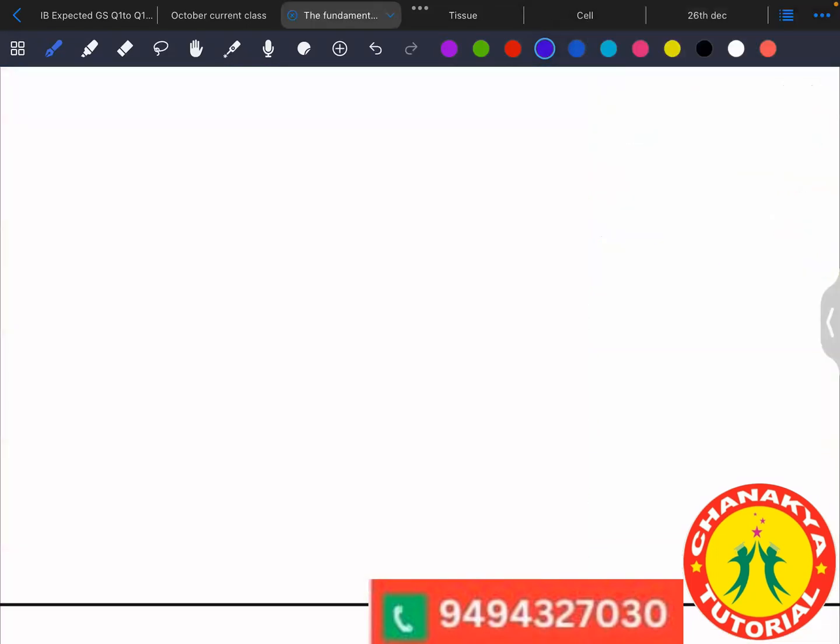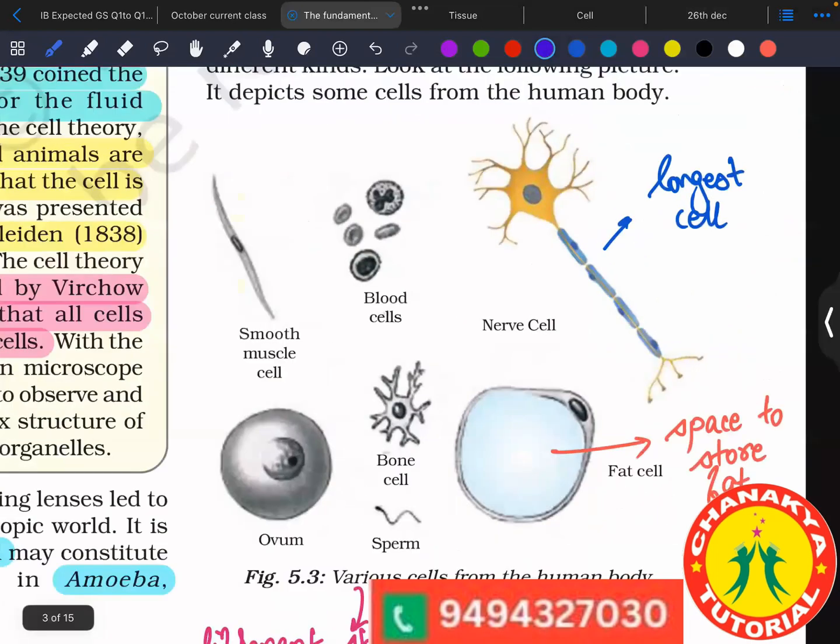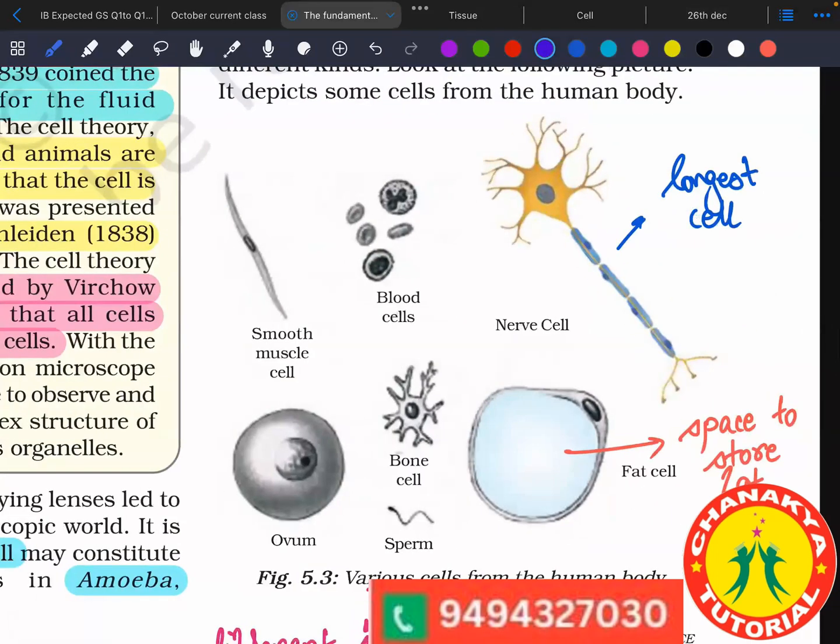If I show you this, these are different kinds of cells which are present inside our human body. There is smooth muscle, which provides flexibility to our body. There are blood cells, which provide oxygen to different parts of the body. There is a nerve cell, which sends signals to the brain.